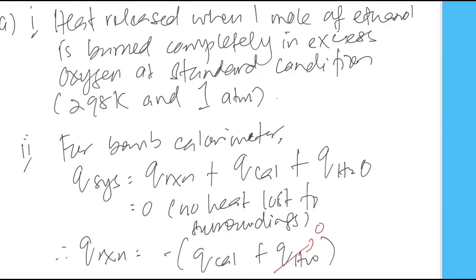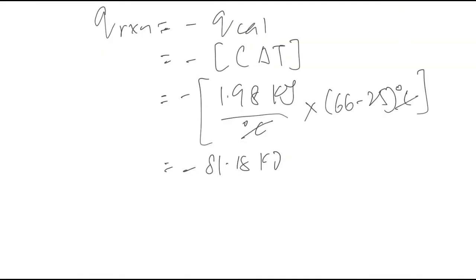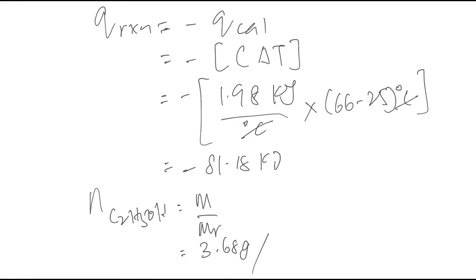So what we do here now, in our next step, we first calculate the mole for ethanol. So mole of ethanol is equals to mass divided by molar mass. So mass here 3.68 gram. Molar mass of ethanol is 46 gram per mole. So that means we can cancel off the gram.